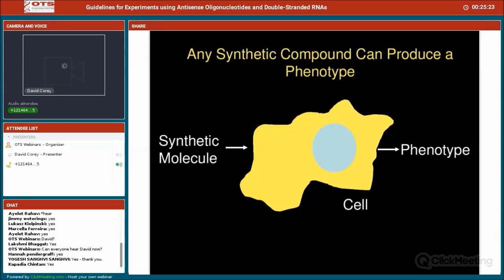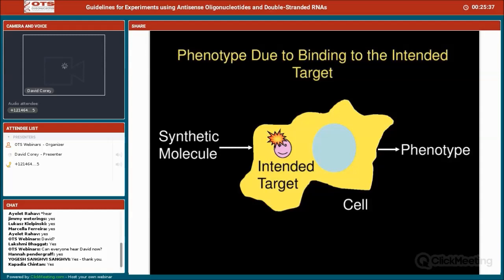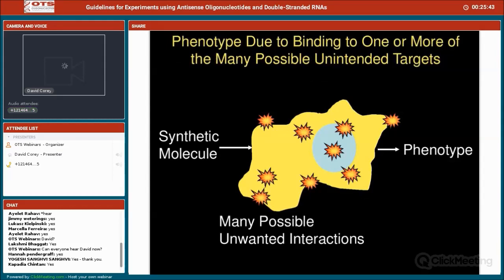Okay, so to review that in graphic form, you start with a synthetic molecule. The fact is that if you put a synthetic molecule into cells or into an organism, you are always going to get a phenotype. That is a certainty. Now, what you hope is that the phenotype is due to an intended target. But there are many other unwanted interactions that are possible inside cells that are also going to produce a phenotype.